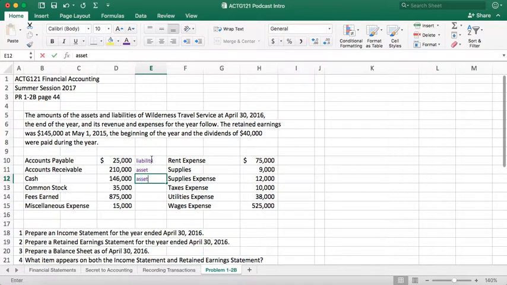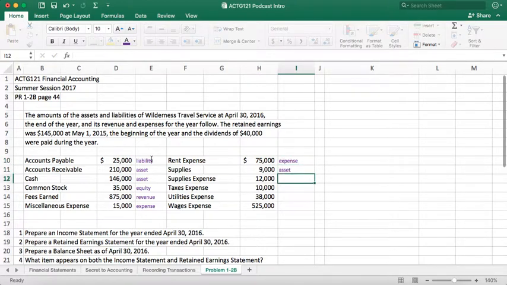Cash is an asset. Identifying these items will help us determine which financial statement they belong on. Common stock is equity. Fees earned is a revenue. Expense is, of course, an expense. Supplies with no last name is an asset. Supplies with an expense last name is an expense.